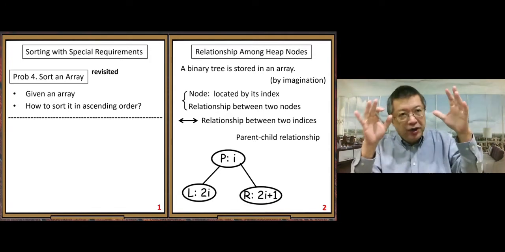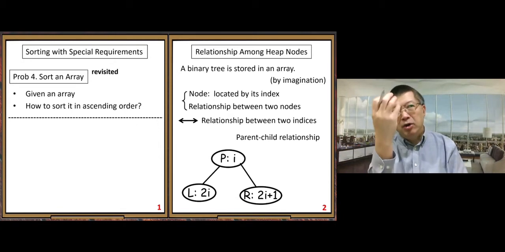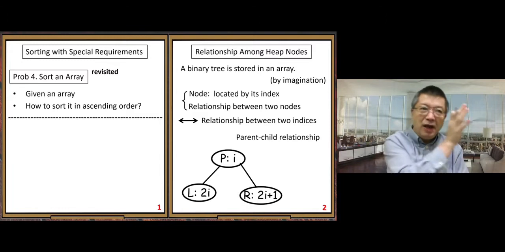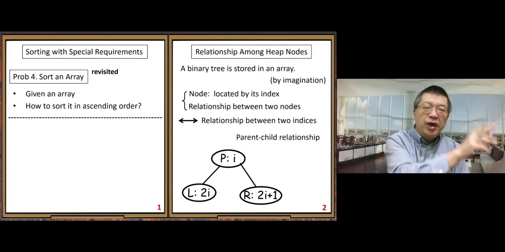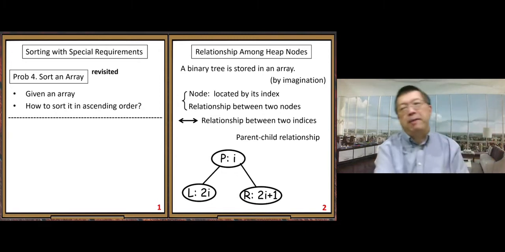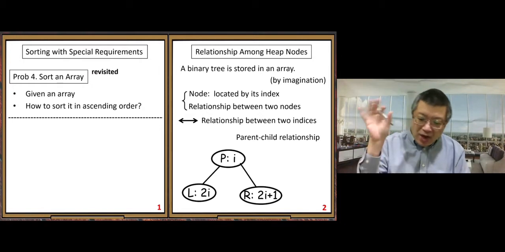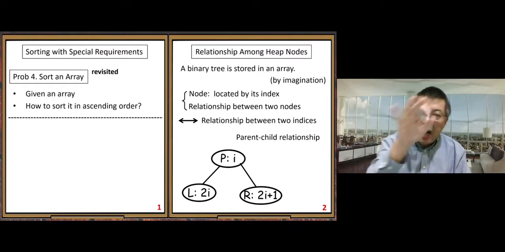Let's consider a typical situation. Parent node P with index i, then left child, we use L, but we make it index 2i. Right child, we make it index 2i plus 1.